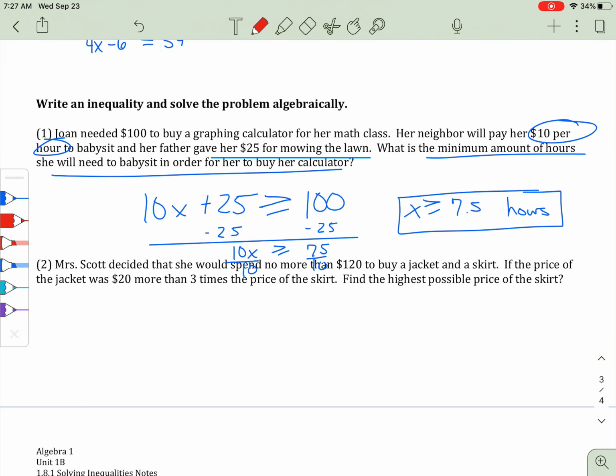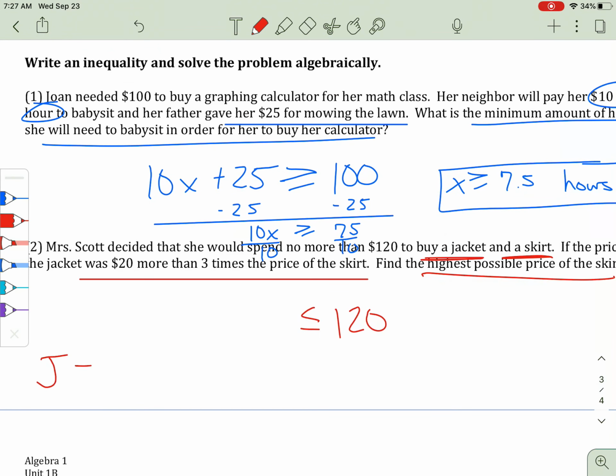Mr. Scott decided he would spend no more than $120, so less than or equal to $120 to buy a jacket and a skirt. If the price of the jacket was $20 more than 3 times the price of the skirt, find the highest possible price of the skirt. So the jacket is 20 more than 3 times the price of the skirt.